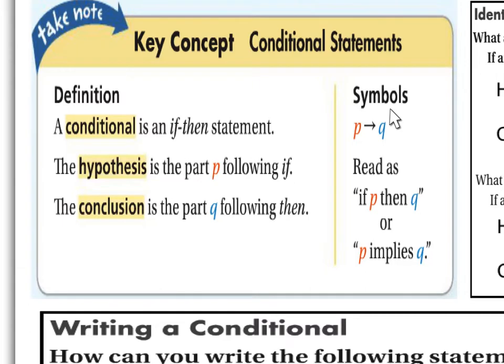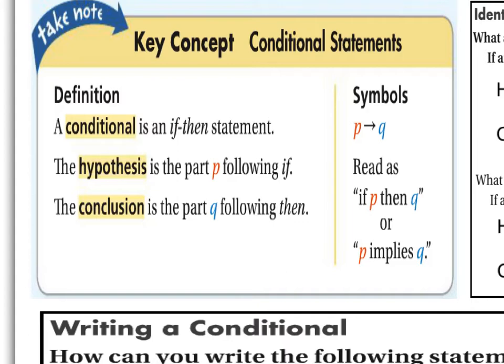As you look over here on these symbols, this is read, if P, then Q. If P happens, then Q happens. So the hypothesis is the part following the word if. The conclusion is the part following the word then. You're going to have to be able to identify hypothesis and conclusion from an if-then statement.